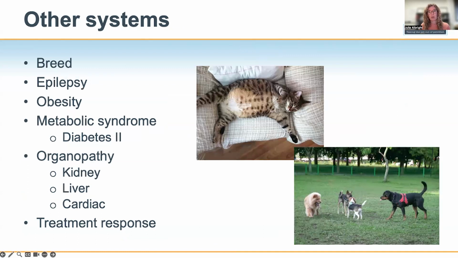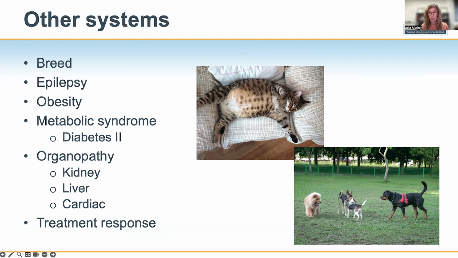So it's definitely beyond the scope of this talk to cover all the interesting research surrounding other metabolic and organ pathologies that have been associated with dysbiosis. There are a few of the diseases or states listed here that did have some significant differences in the microbiome in cats and or dogs.